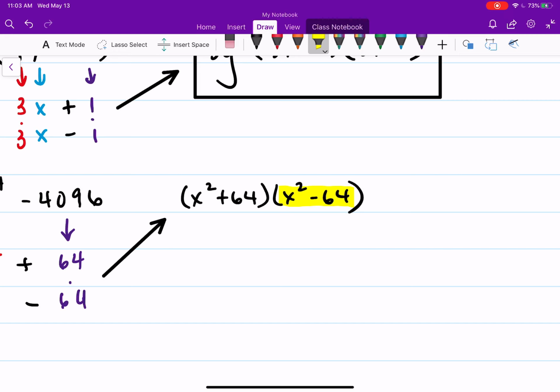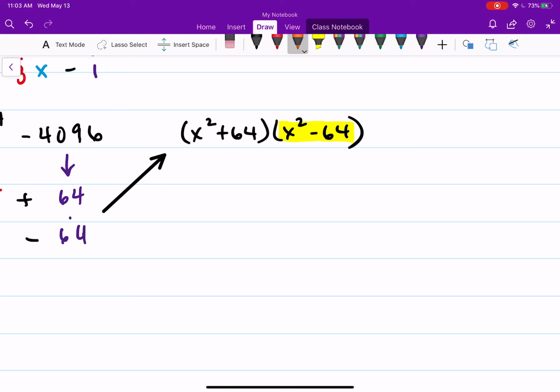Is that not the difference of two perfect squares? Aha! So it is. But this is not the difference of two perfect squares. So that one is done. Okay? So this one is done. And this is not done.